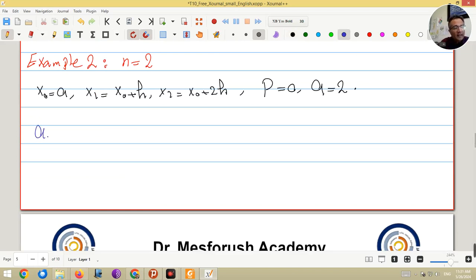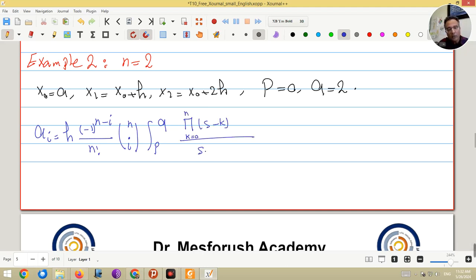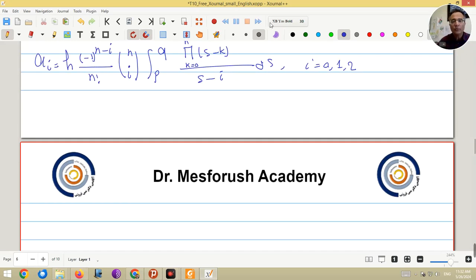We know that a_i is equal to h times minus 1 to the power of n minus i over n factorial, combination i from n, integral from p to q, product over k equal to 0 to n of s minus k over s minus i, d of s, for i equal to 0, 1 and 2. I have to use this formula.